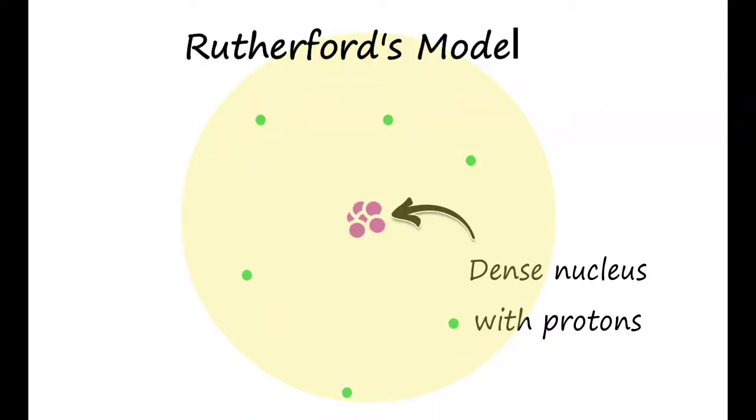Rutherford changed Thomson's model of the atom, and he also proposed a new subatomic particle called the proton. The proton has a positive charge, and it resides in the center of the atom in a very small, dense nucleus. Now, the electrons, the negatively charged electrons, were then on the outside of the nucleus, and effectively, this made the atom mostly empty space, because Rutherford saw that most of the alpha particles just passed right through and were not deflected at all.